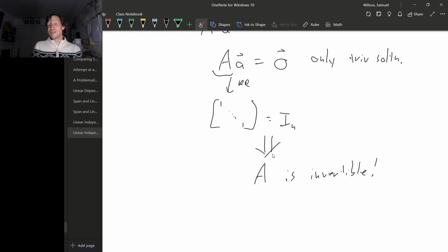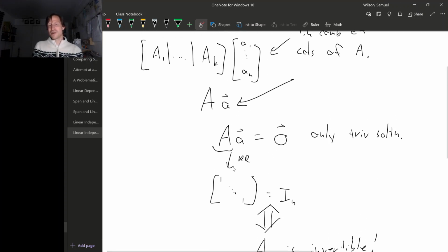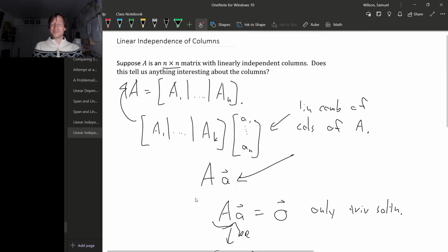And in fact, all of these implications go both ways. If you have an invertible matrix, we know you can row reduce it to the identity, but if you can row reduce it to the identity, that means that this homogeneous equation has only trivial solutions. But if this has only trivial solutions, then that means that the columns are linearly independent.